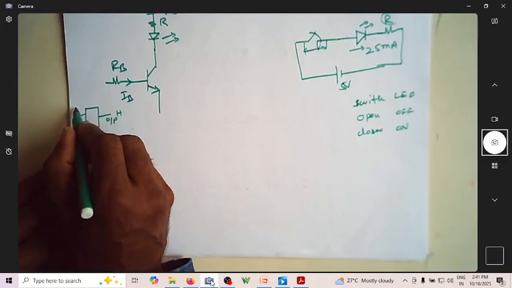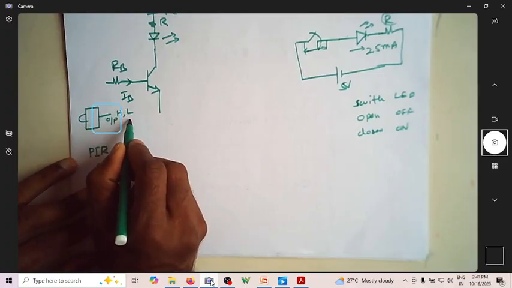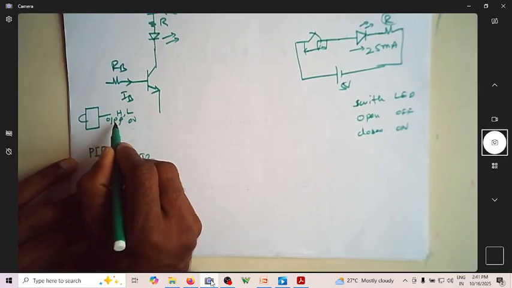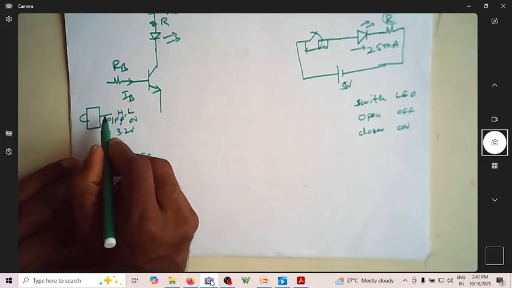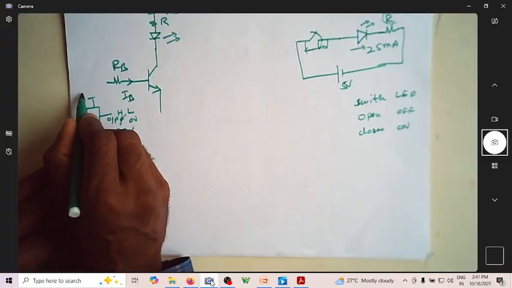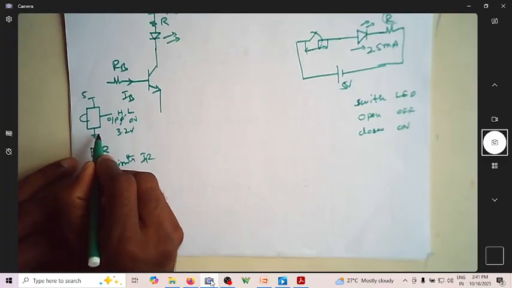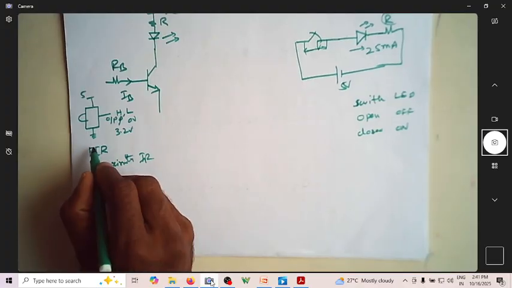If there is no disturbance, it will give a low. When it is low, it is 0 volt. When it is high, assume that it is 3.2 volt. Of course, this will be connected to 5 volt and ground for its operation. This is a typical sensor.